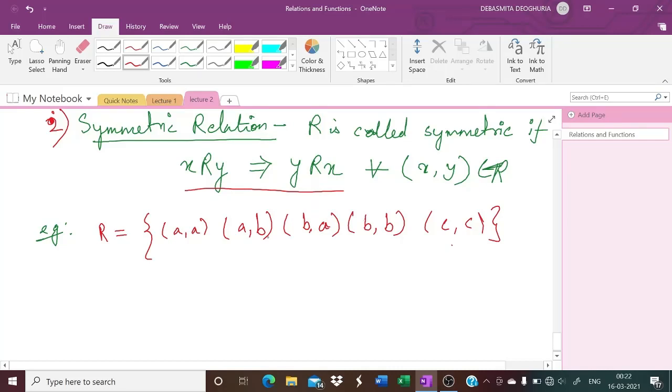Now let's see for this. I have A comma B and I have B comma A. Yes or no? I have it. So this relation is both reflexive and symmetric.